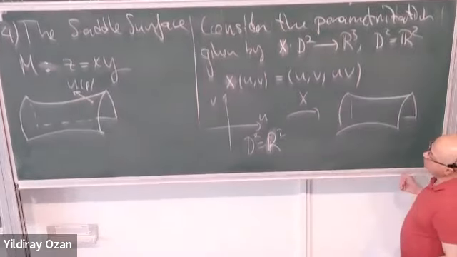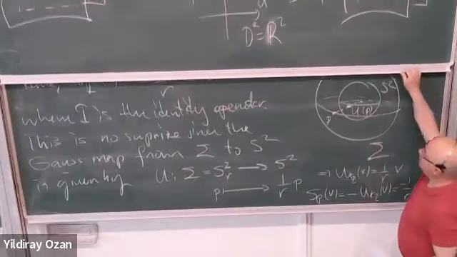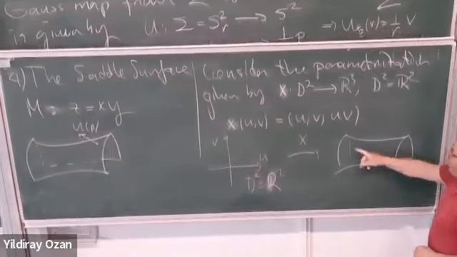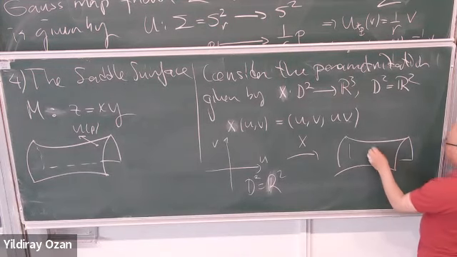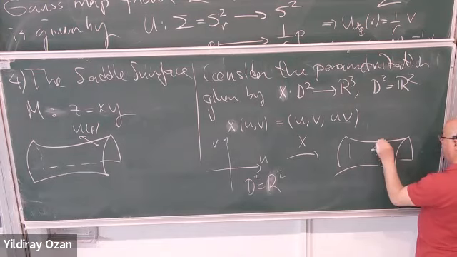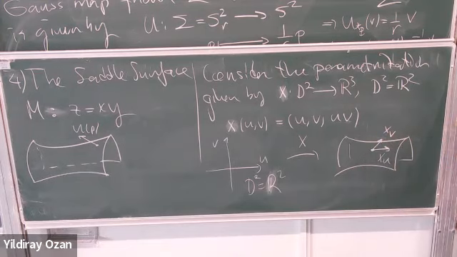Okay, now, well, if I have, of course, this parameterization, then I have my tangent vectors. Remember, at a point P, we have, let's say, x sub u and x sub v, tangent vectors.